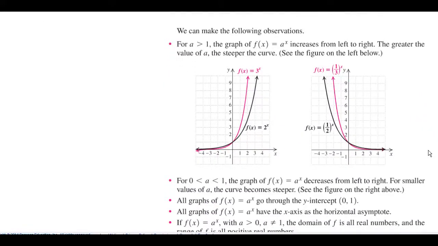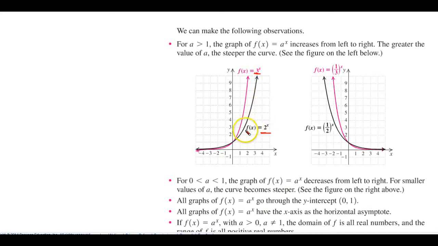Okay, now we're going to take a look at these lines. Now the one in black is a 2 as a base. The one in red is a 3 as a base.